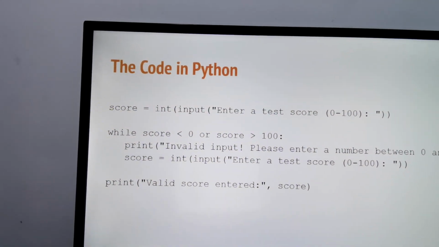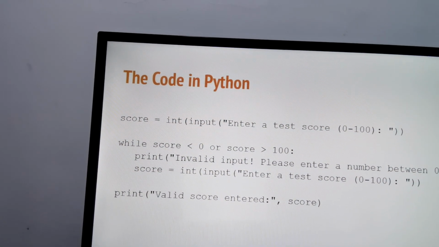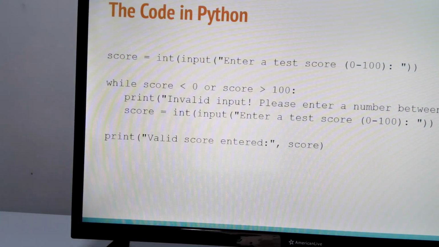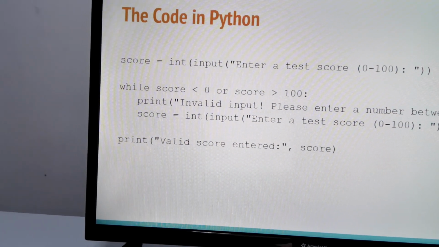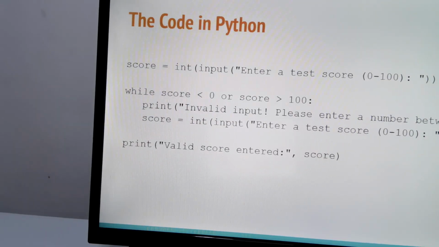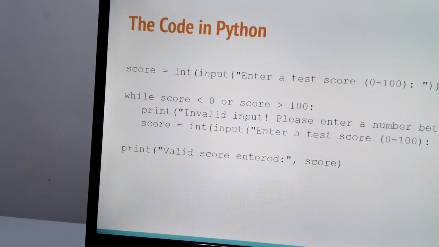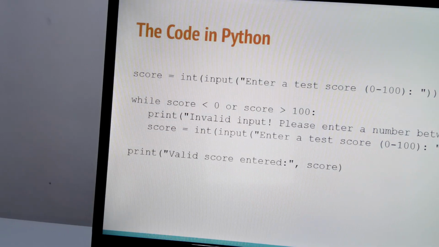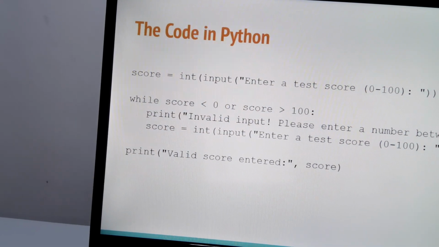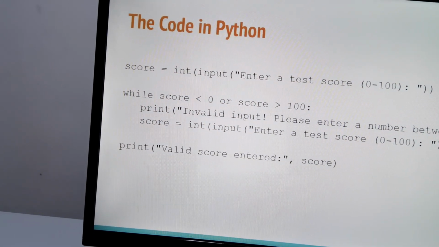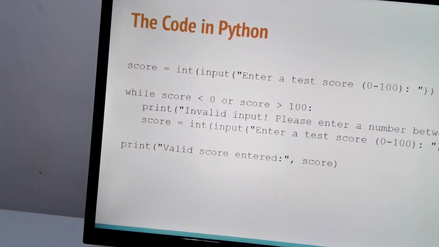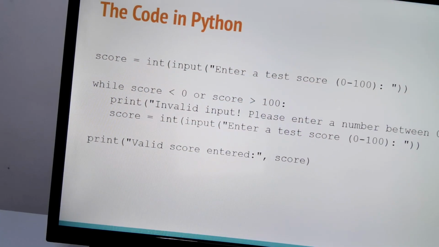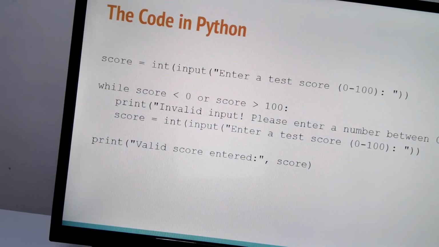Now, the second line is the while loop with its condition. There are two conditions actually. The first condition is score is less than 0, and the other one is score is greater than 100.